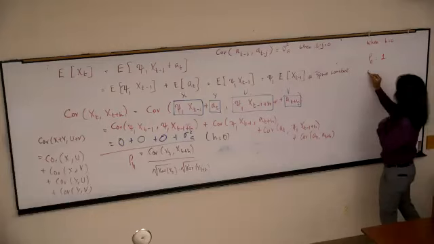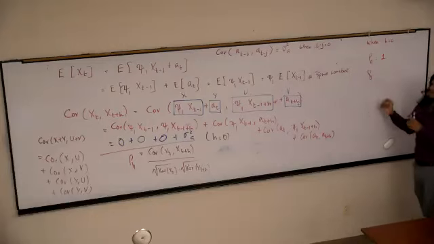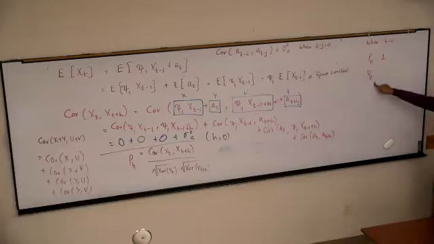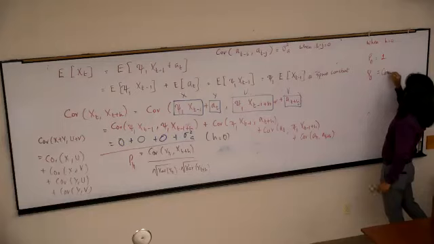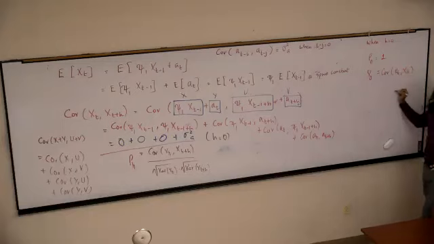However, gamma at 0, which is the autocovariance at 0, is not 1. Thus, it is simply the covariance of xt, xt. What is that value?